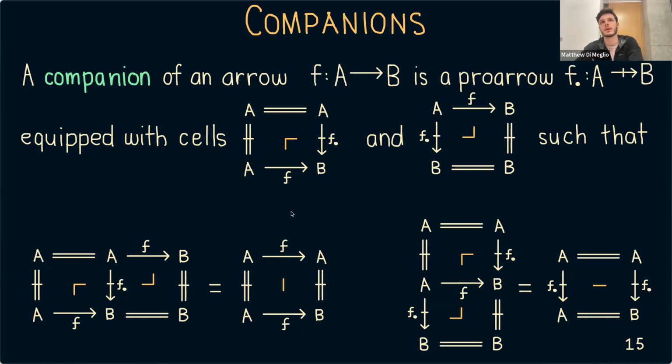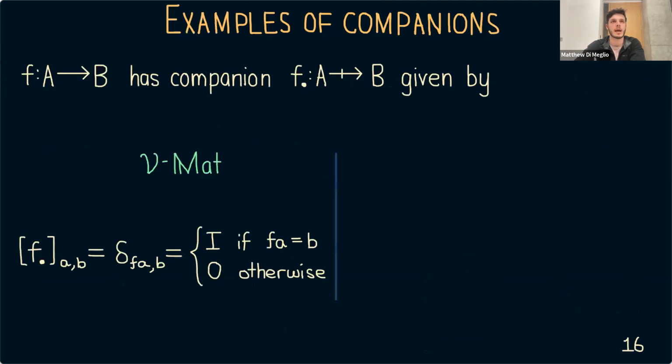But as Bob said in the previous talk, we should think of the pro arrow F as being essentially the same as the arrow F, but in the pro arrow direction. They're acting in the same way. But maybe it's more illuminating to look at some examples.